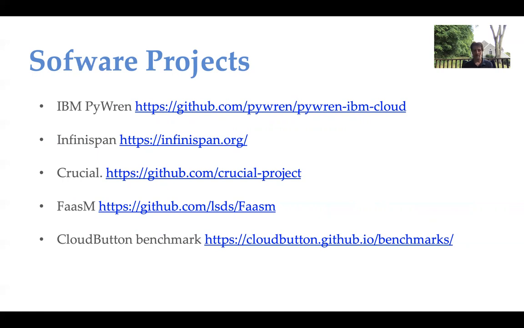IBM PyWren is a popular, now open source project with third-party contributions and applications in proteomics, in metabolomics, in geospatial data, and many others. Infinispan and Crucial, led by Red Hat, are also popular technologies in the Java ecosystem. And then we have FaaSM, and we will also show a CloudButton benchmark where we compare even between different clouds.